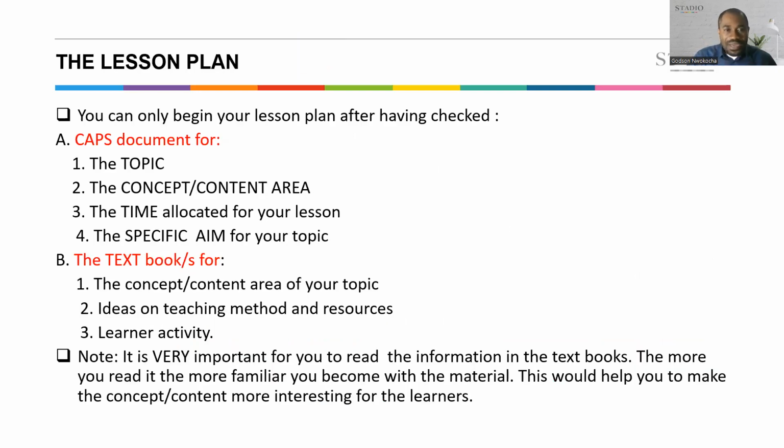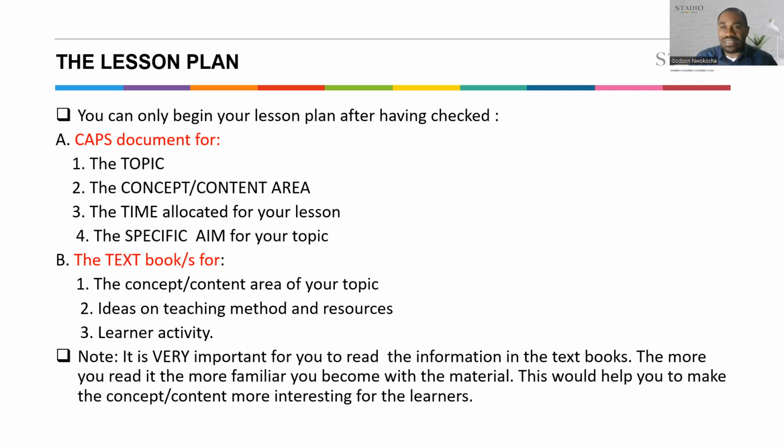Right. So when you begin your lesson plan, you would have made sure that you know the topic you're going to teach, the concept, the content area, and the time allocated for that. All of this information you need to have at the back of your mind. You need to figure out from the textbook the concept and the content area, and you need to be able to take down notes.